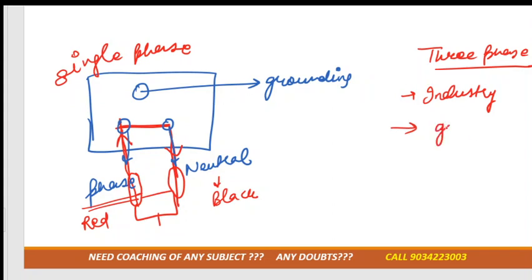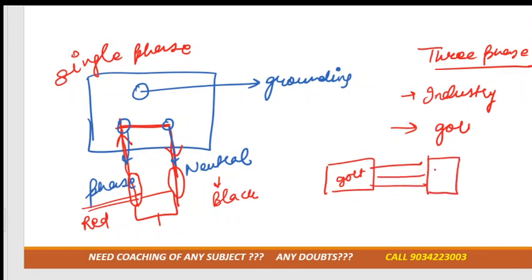And from the government side, like suppose this is the government, okay, government is giving us three wires only. From the transformer it is further distributed to different wires. Like this is one red wire goes to different society, then Y wire goes to different society and B wire goes to different society.